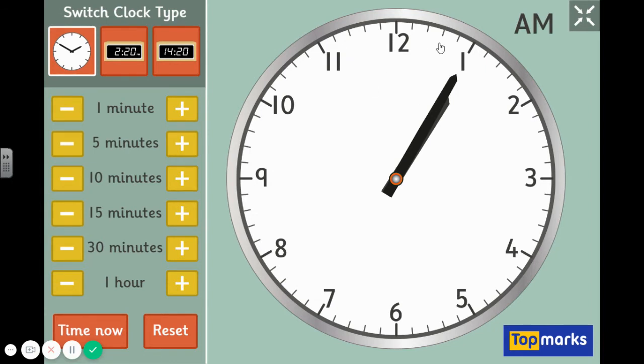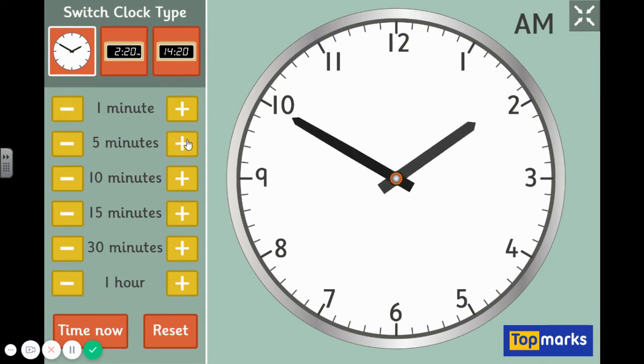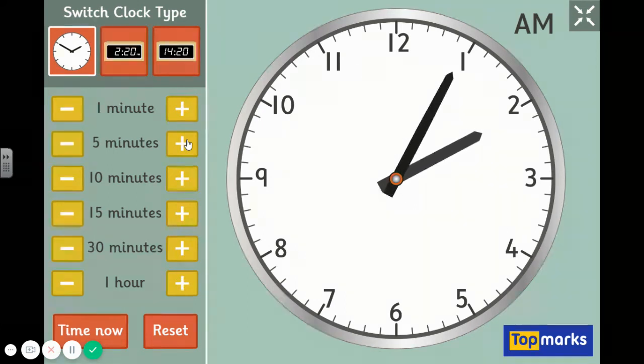So let's count this one on. So 1 hour is 60 minutes. So I'm going to do 5, 10, 15, 20, 25, 30, 35, 40, 45, 50, 55, 60.